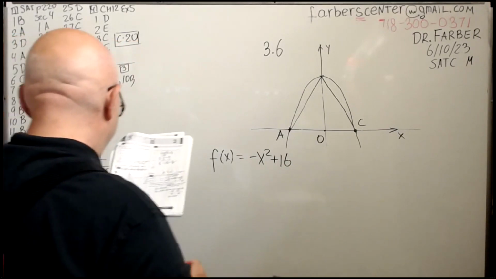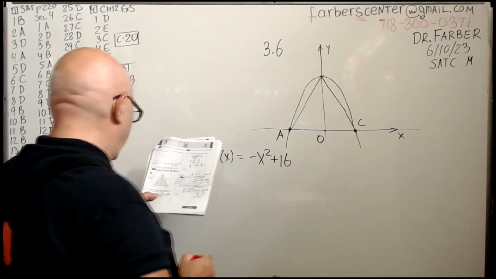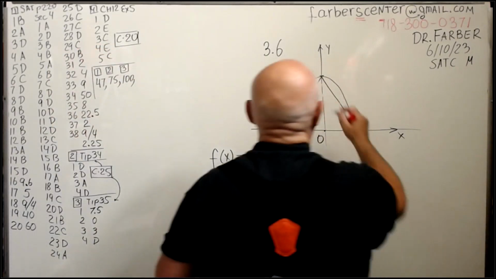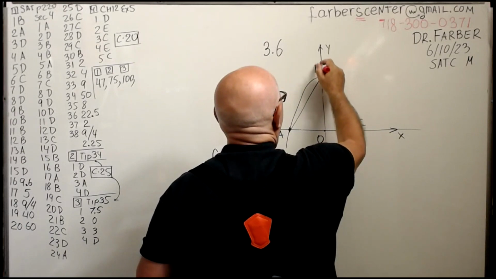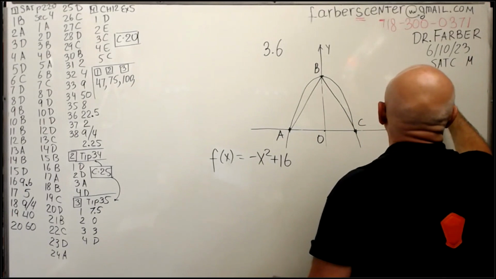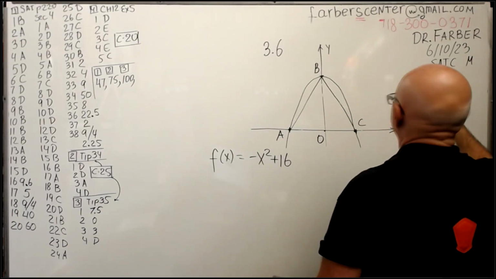Okay. What is the area? A, B, where is B? B is over there. Find the area of triangle ABC.